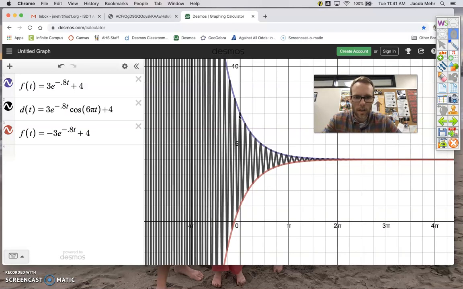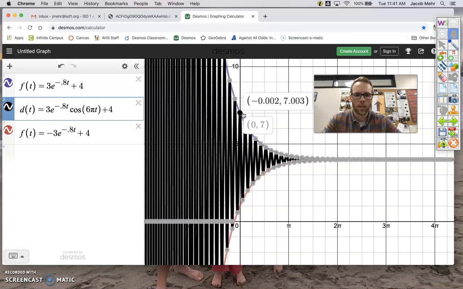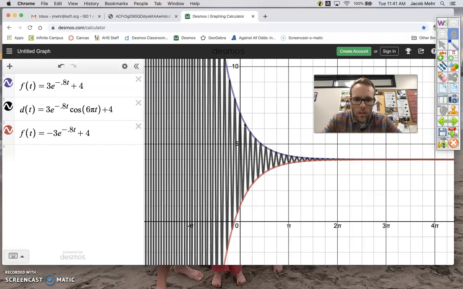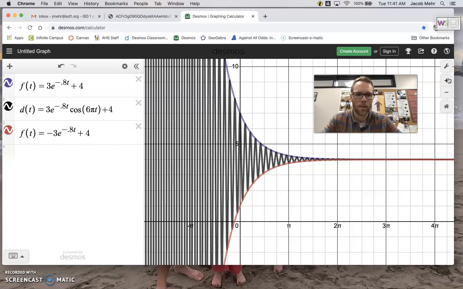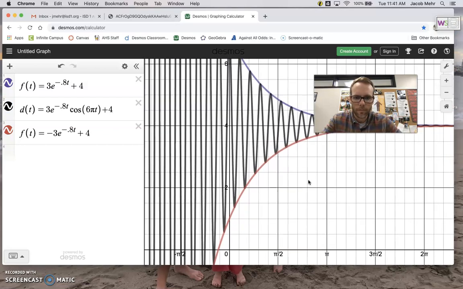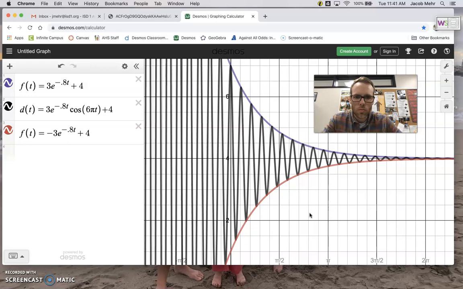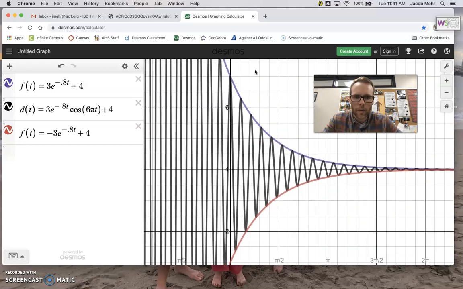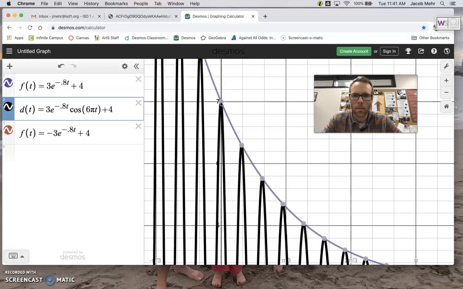So we can notice that it's going to start at a distance of, I'm having a hard time getting in there. How far is it going to start from the ceiling? Trying to grab that y intercept. It's going to start at a distance of a hair over 7. And that shouldn't surprise us very much.